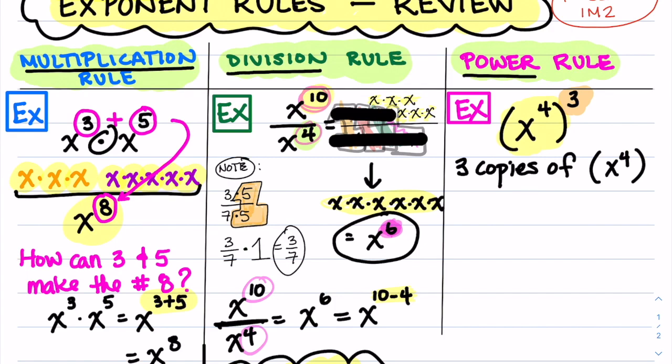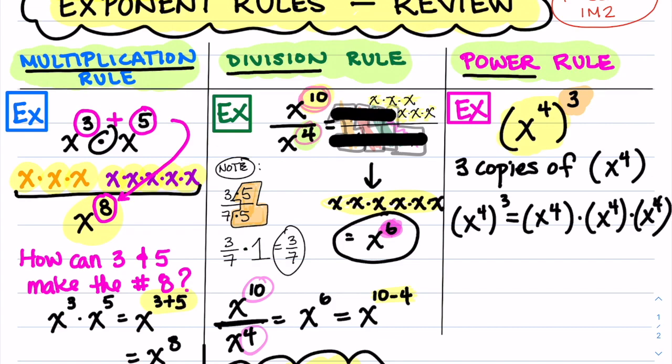So if I do that, then I could write this as x to the 4th, x to the 4th, x to the 4th. Notice that I made 3 copies of it because my power was 3. So that gave me 1, 2, 3 copies.